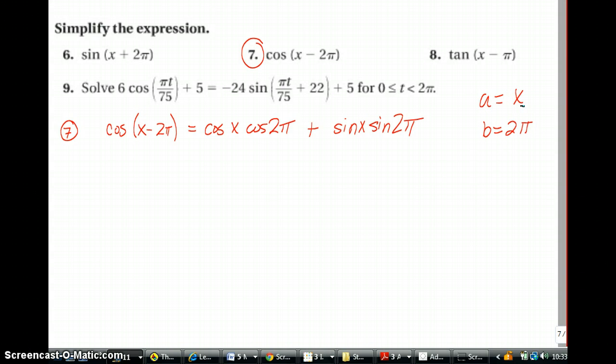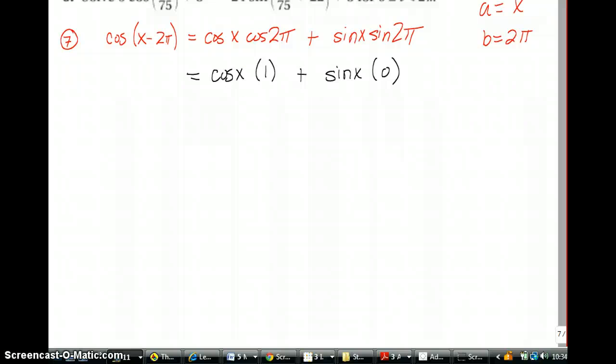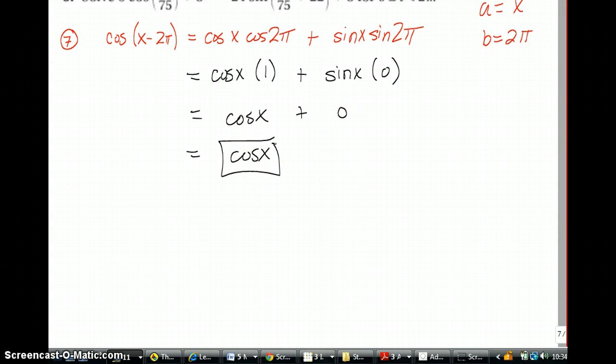After that, we can simply use our unit circle and substitute the appropriate values for the cosine of 2 pi and the sine of 2 pi. You may now pause the video, substitute those, and then simplify it a bit. You should have that for your substitution, and so we will be left with this. Our answer is the cosine of x.